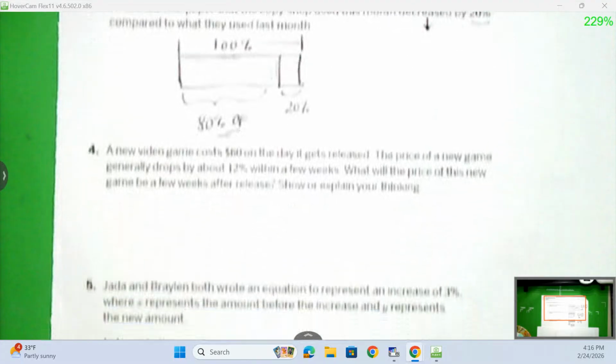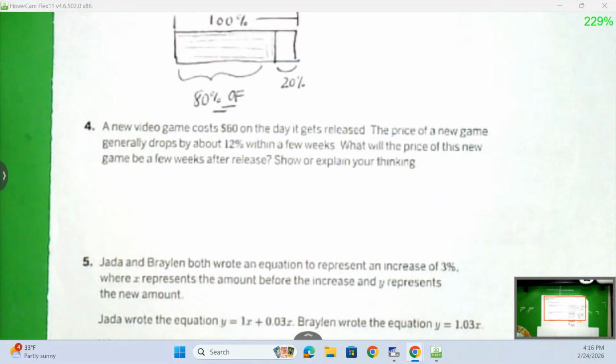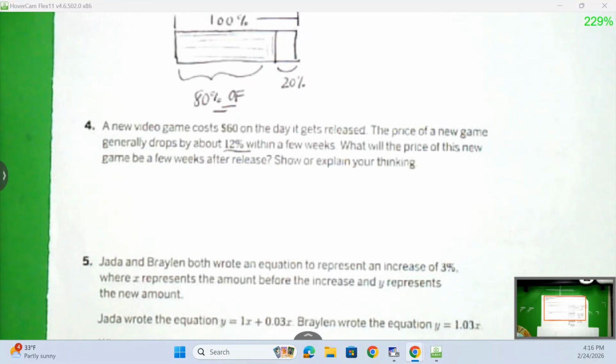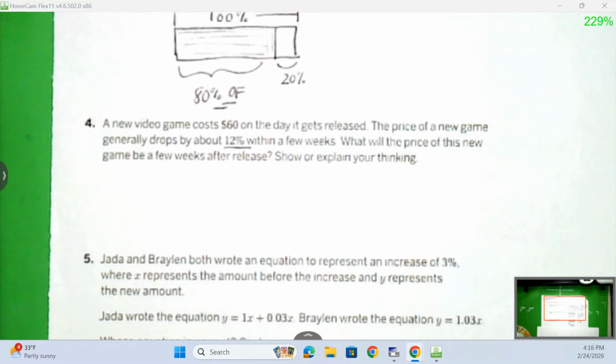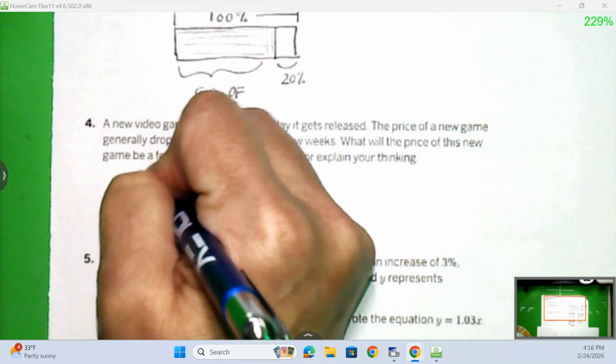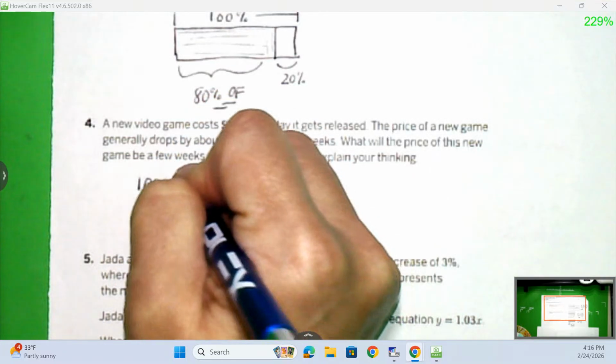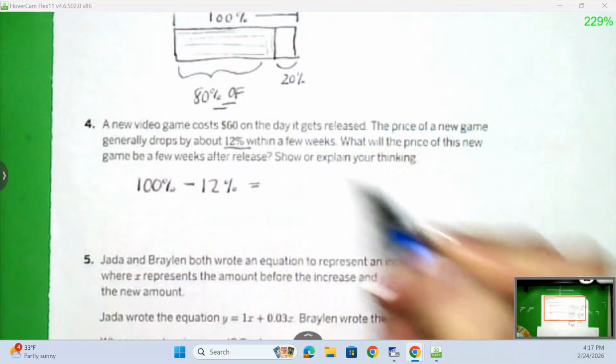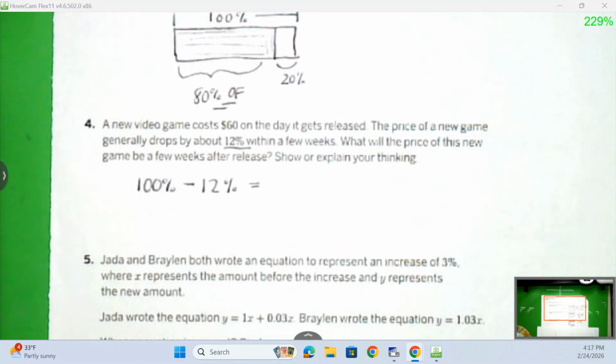Okay, looking at question number 4. A new video game costs $60 on the day it gets released. The price of a new game generally drops by about 12% within a few weeks. What will the price be of this new game a few weeks after the release? Show and explain your thinking. Okay, so basically, if the price was 100%, but it drops by 12%, then I'm only 100% minus 12%.